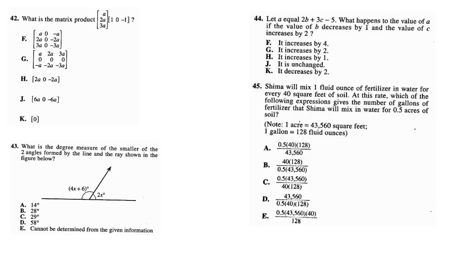For number 42, we're multiplying matrices. And matrices, you want to multiply element to element, and that's not necessarily how you would multiply these. You do need to check the dimensions, and the dimensions for all matrices, you look for a row by column.